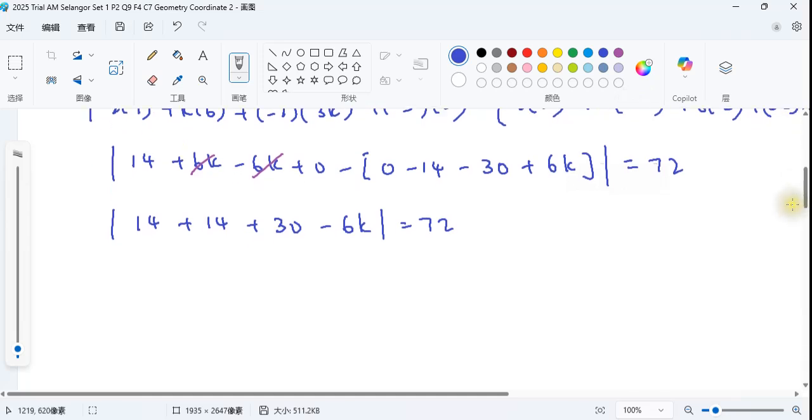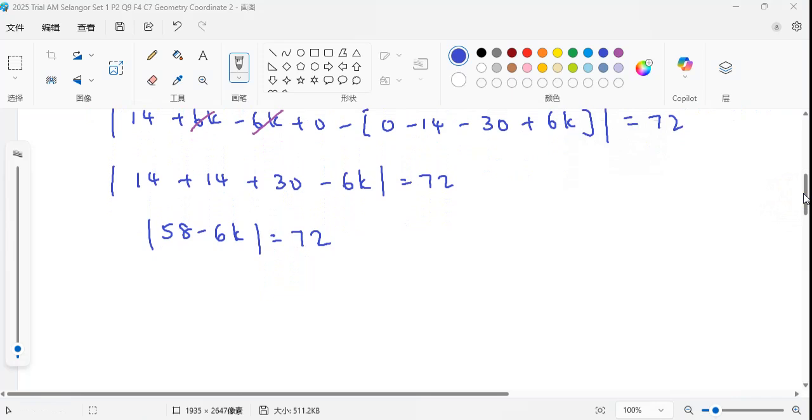So we have 58 minus 6k equals 72, or 58 minus 6k equals negative 72.